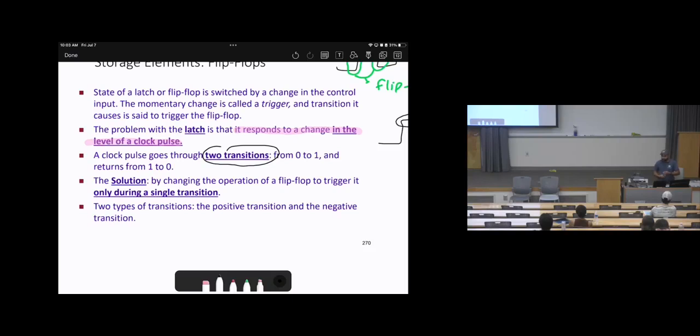So in order to store the data correctly, we need to use only a single transition, a single trigger, that can detect this and update it only once each clock cycle. That's our target: to update the memory once each clock cycle.